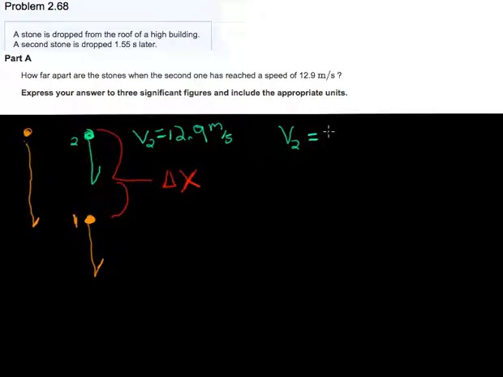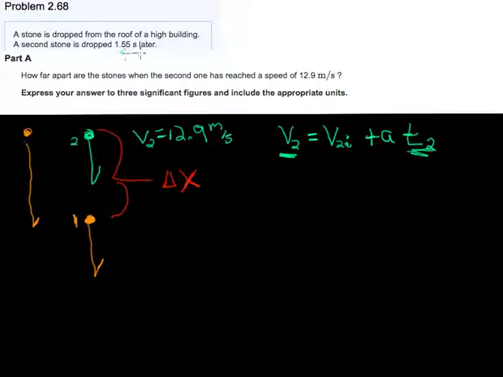going to equal the initial speed of the second stone plus acceleration. We're going to say the time for the second stone to fall. So we're tracking the individual variables here. We're going to solve this for time because that time is going to help us.